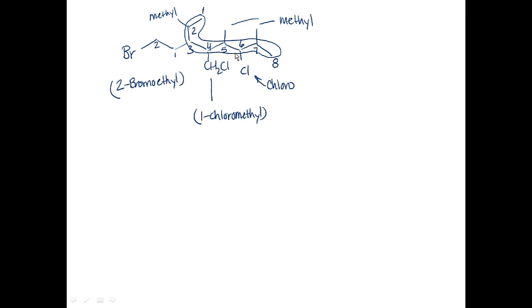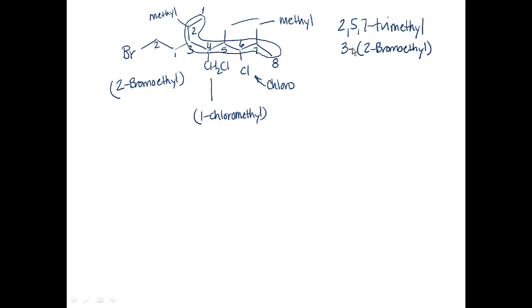Okay. And so in this case, what do I have? Well, let's combine all the methyls up. So I'm going to have a 2, 5, 7 trimethyl. Then I'm going to have a 3, 2 bromoethyl.